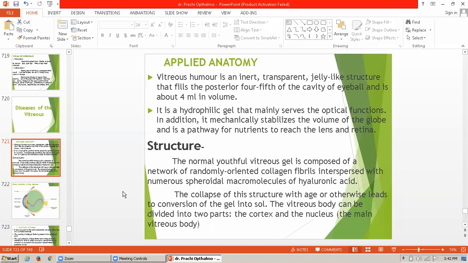So, when there is a collapse of the vitreous with age or otherwise leading to the conversion of gel into solution, the vitreous body can be divided into two parts. The first one is the cortex and the nucleus, that is the main vitreous body.